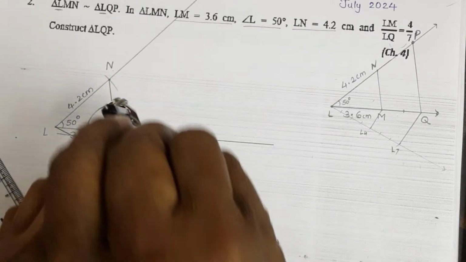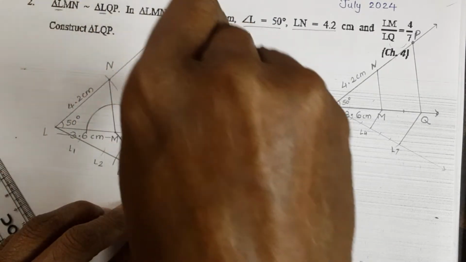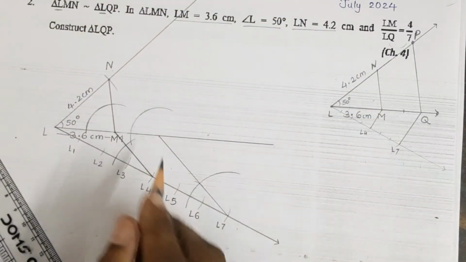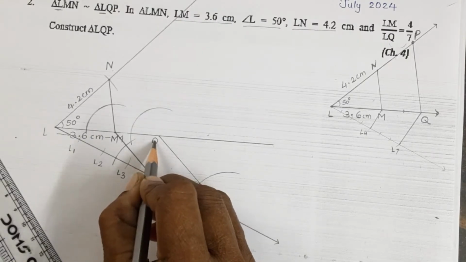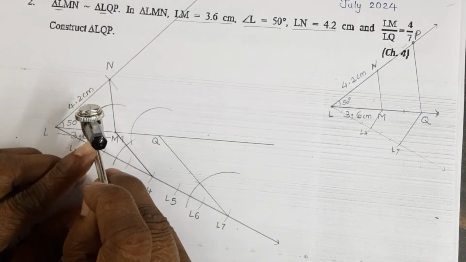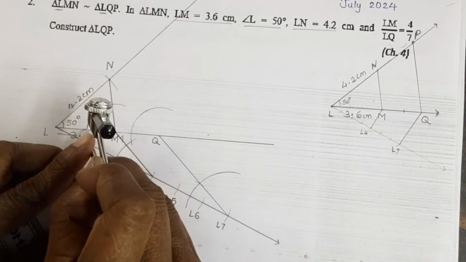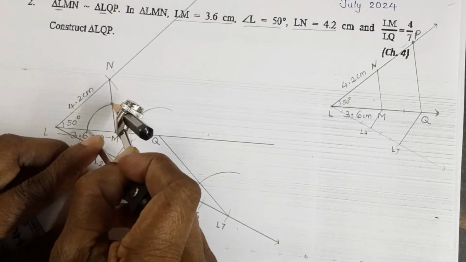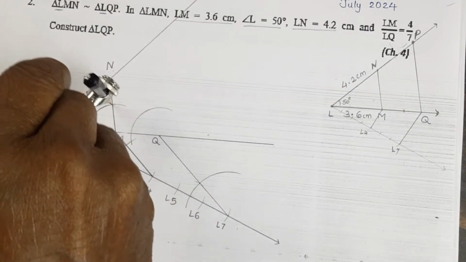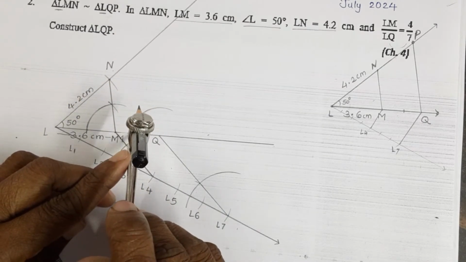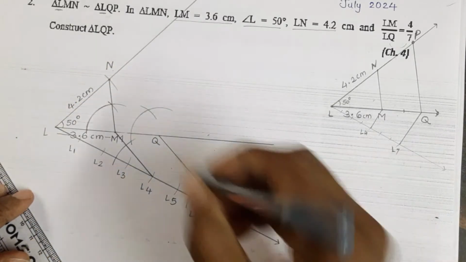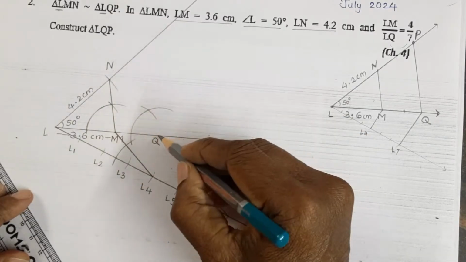And then on this compass make the arc here, and this point will be Q. So I name it Q first. Now take the distance from the intersecting point of the line segment, keep it here and make the distance. Then this intersecting arc and Q.